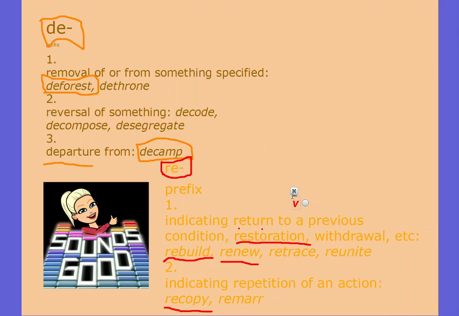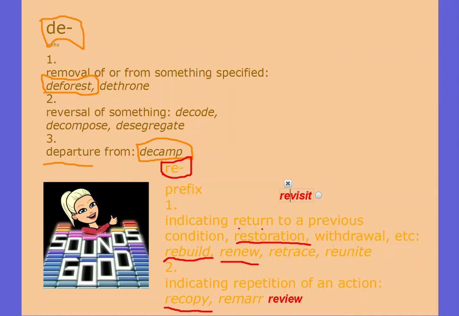So the root word would be view, and if you're going to view it again, you add the re, to review it. Okay, so that would be to do something again. You could also have the root word visit, and if you were going to visit again, then you revisit. You revisit the previous place you went to.